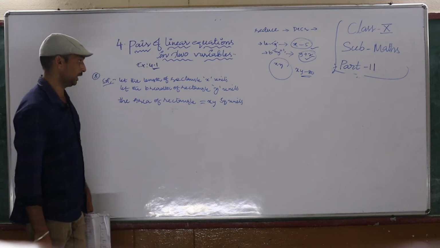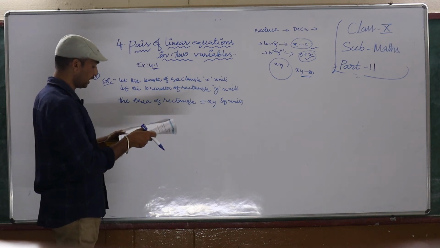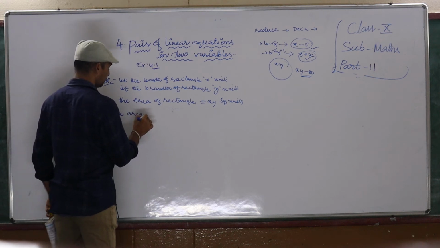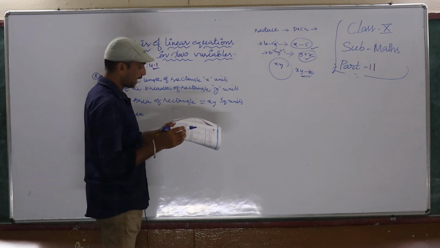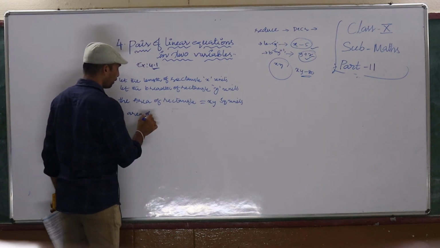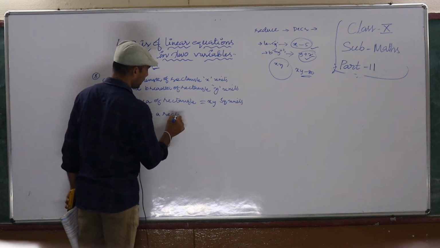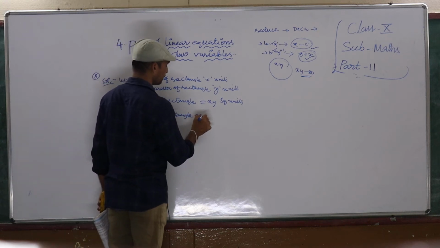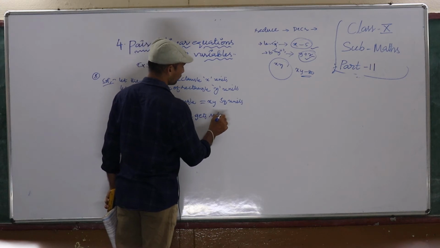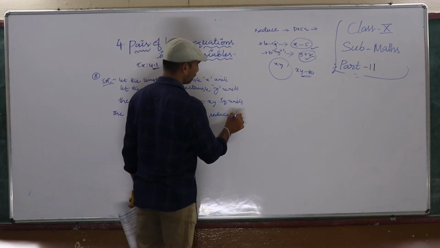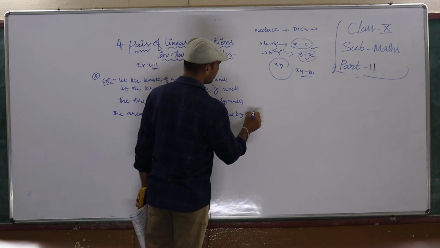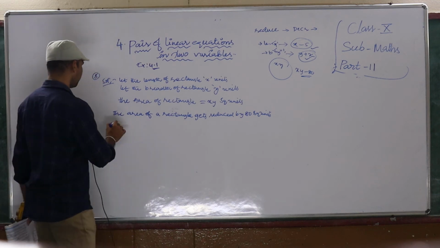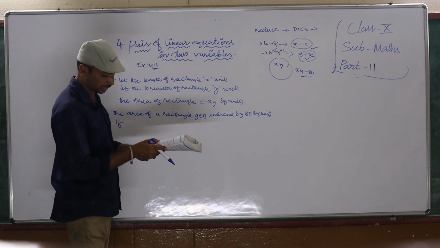Okay children? Right. So the first condition is the area of a rectangle gets reduced by 80 square units if, what is the condition?